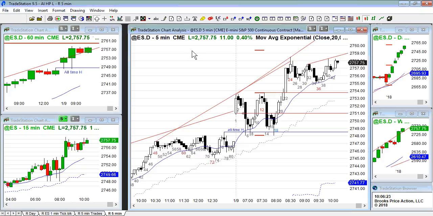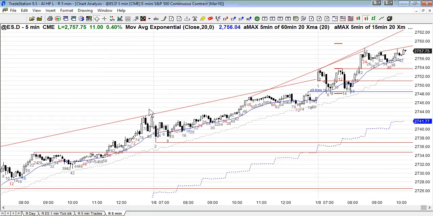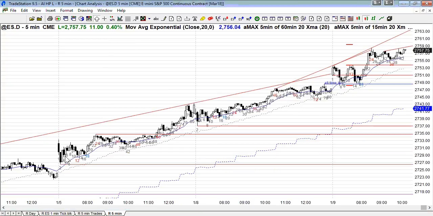I still think the odds are against it because we've had increasing selling pressure on the open. It started here 2 days ago and then again yesterday and even more today. Tried to be a trending trading range day, but we got a bull breakout.